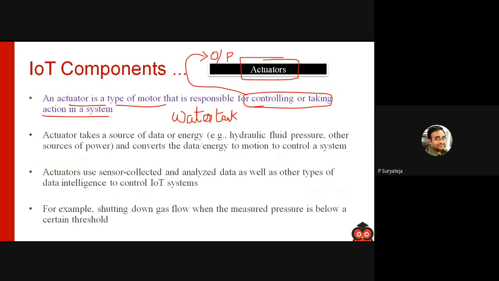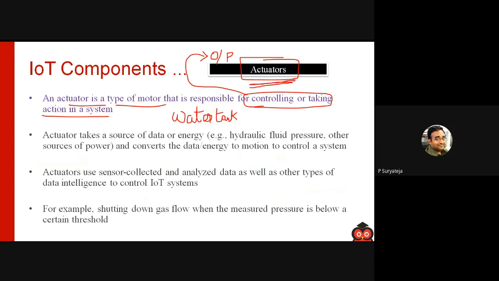Based on analysis, it finds that the water tank is filled. Now it will send a signal. Let's say it has to stop the motor which is pumping the water into the water tank. That signal will be sent from the internet and reach the gateway. From the gateway, it will come to the actuator, not the sensor.